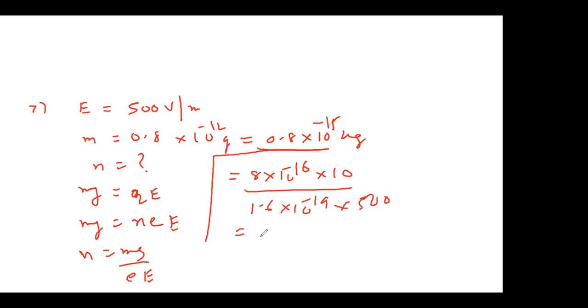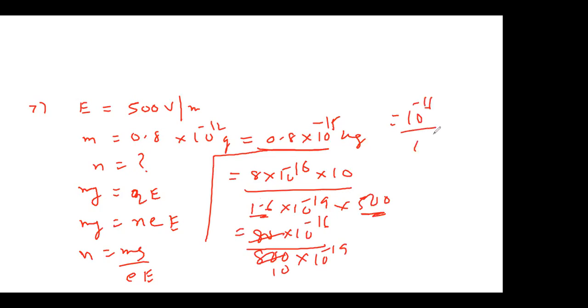This equals 80 into 10 raised to minus 16 upon 500 into 1.6, which is 800 into 10 raised to minus 19. 80 into 10, so 10 raised to minus 16 upon minus 18 equals 100. Total number of electrons is 100. Option number B.